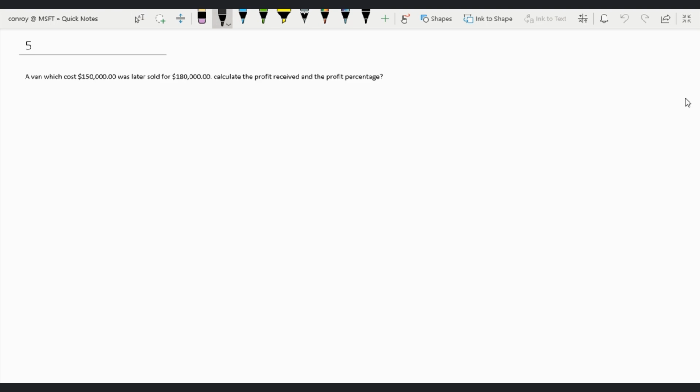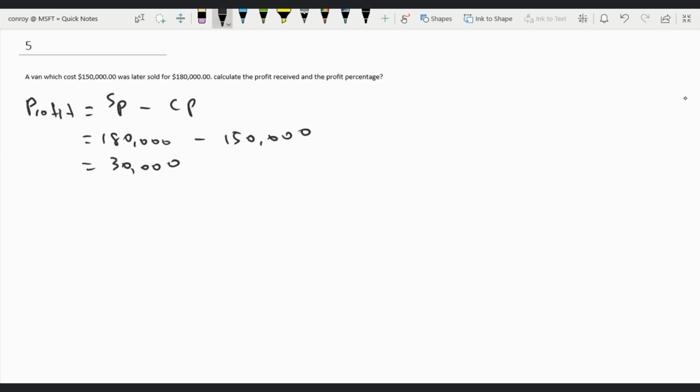So profit, which can be P, is equal to the selling price subtracted from the cost price. The person sold it for 180,000. The cost price is 150,000. The profit would be 30,000.